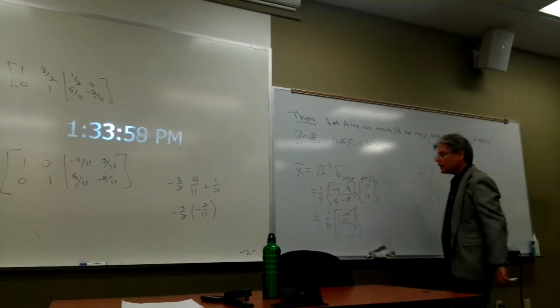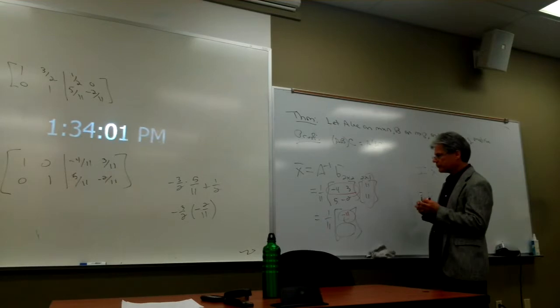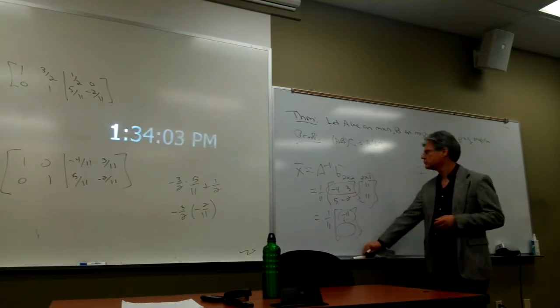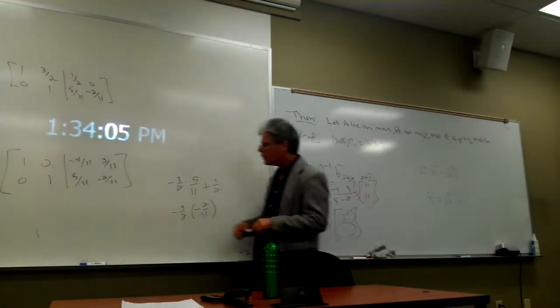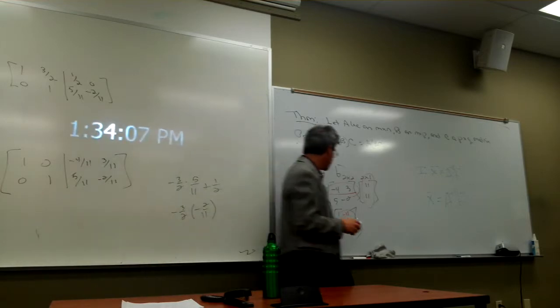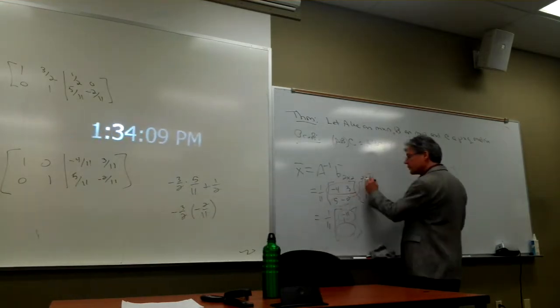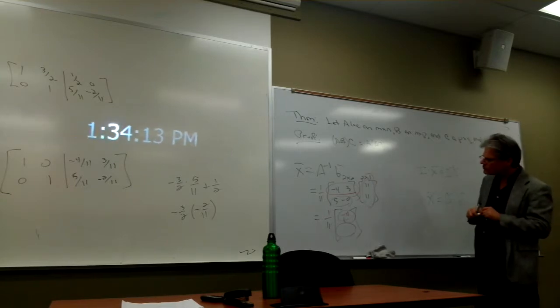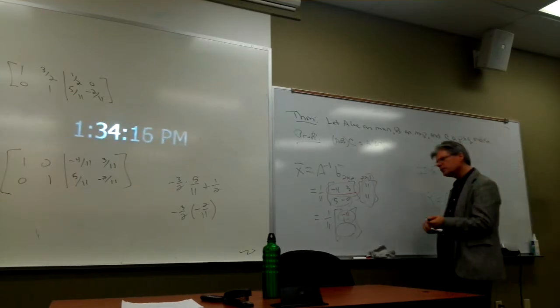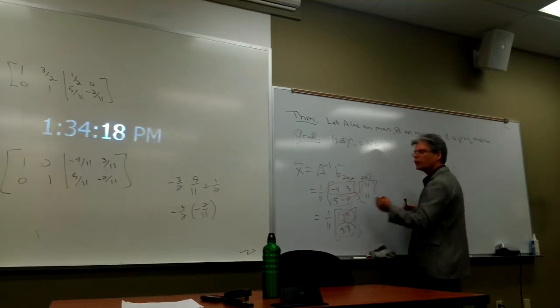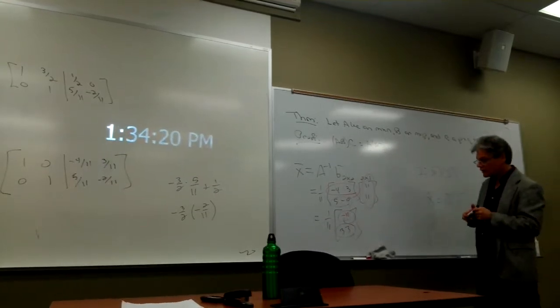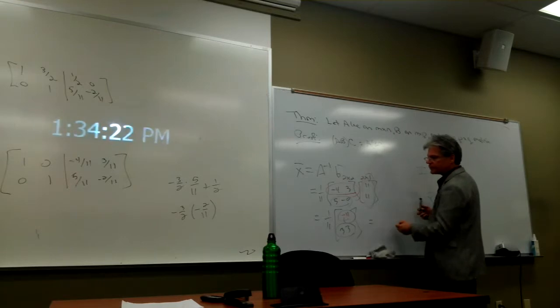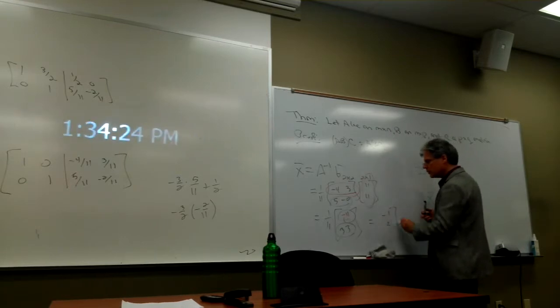Now as far as the entry in the second row, first column, that's the result of dotting this row with this column, but that's just going to give me 55 minus 22, which is 33. I hope. And in the end, I guess it's merely going to give me negative 1, comma 3.